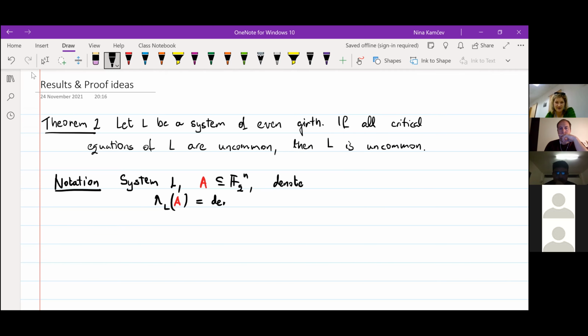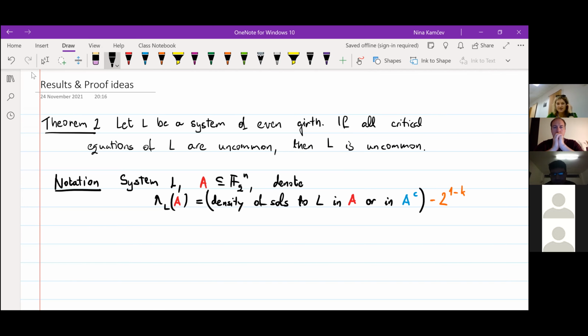So this lambda is the density of solutions to L in A, the red part, or in A complement, the blue part. That's the density that we care about. And then I'll just subtract the random benchmark because that makes everything more elegant.